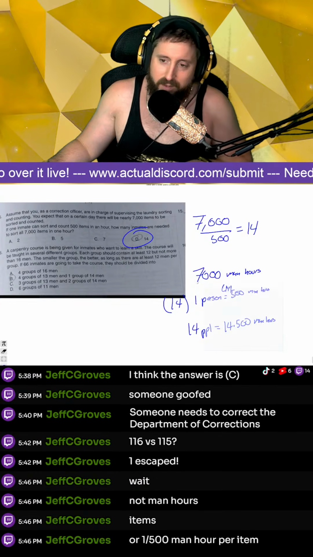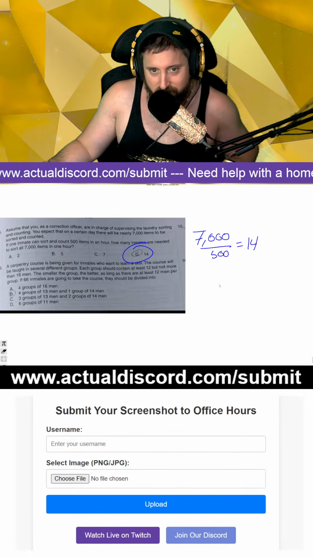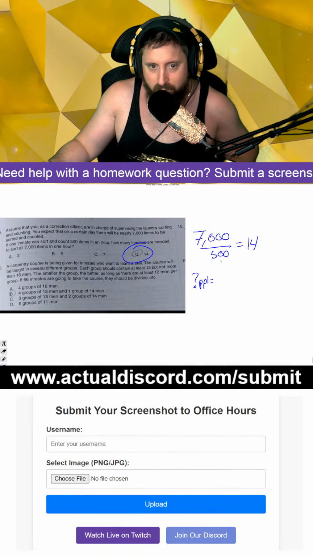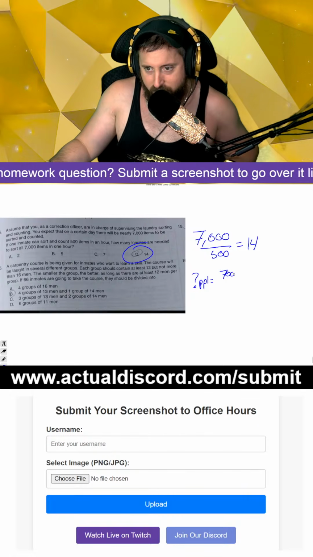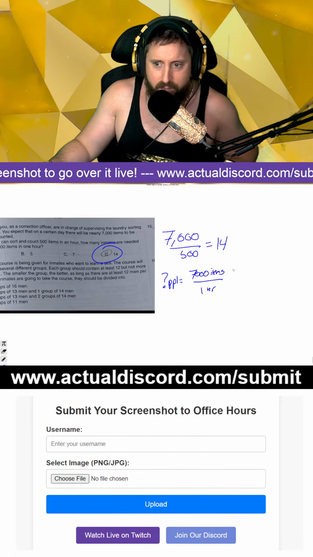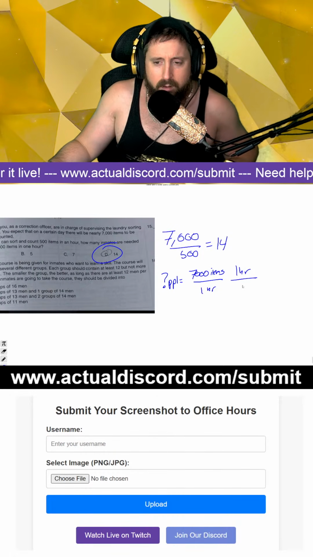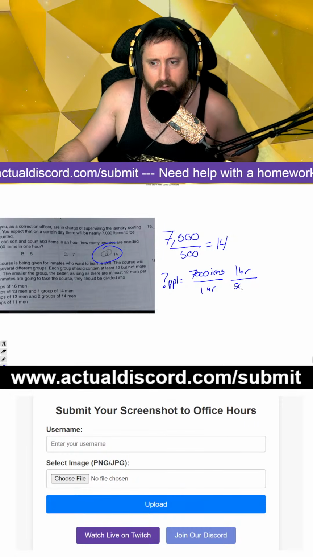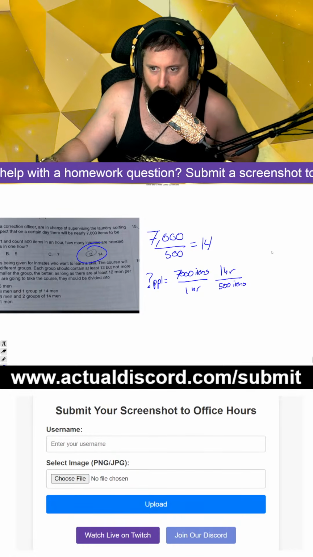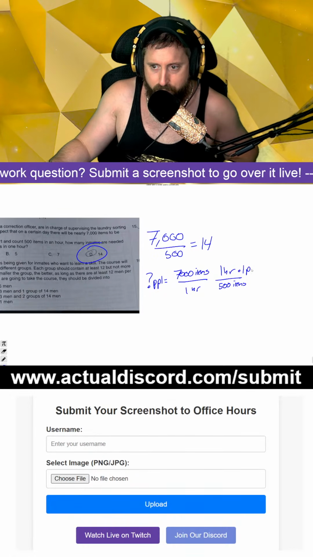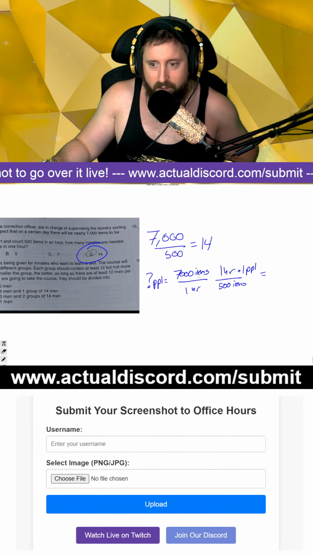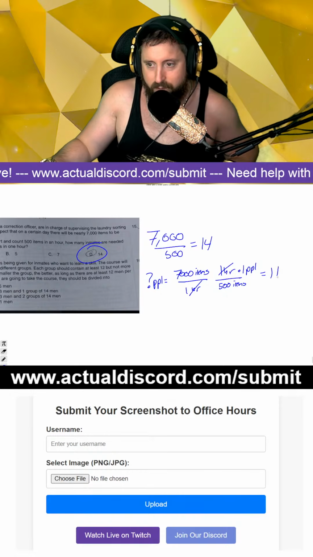Okay. Well, actually, that's a better way to think about it. Here's what you want to say: how many people is equal to 7,000 items in 1 hour. And what you know is that in 1 hour, you can do 500 items. So 1 hour times 1 person is equal to 500 items. And so this cancels. You get 7,000 over this, and this is 14.